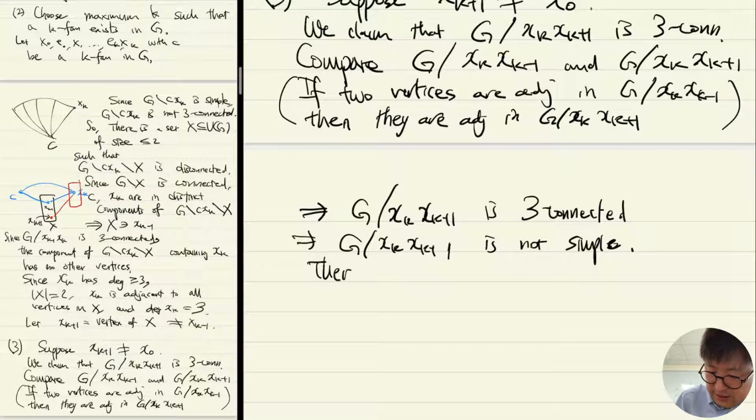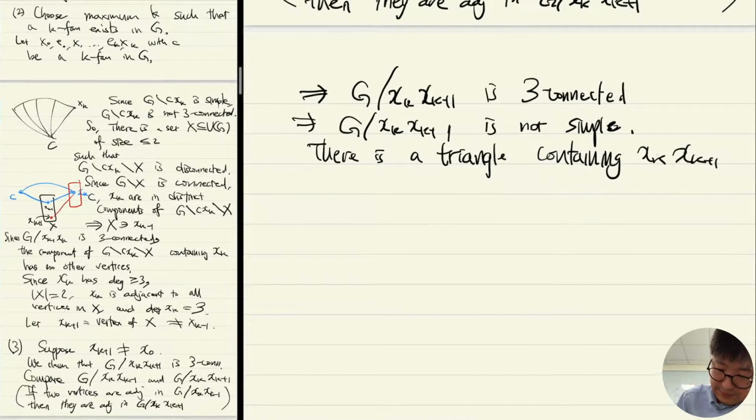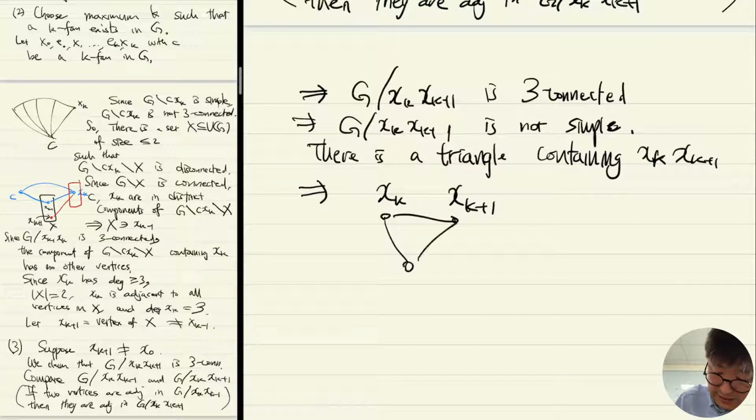So there is a triangle containing xk plus 1. So where is this triangle? Now xk has only 2 neighbors. So this triangle is either xk, xk plus 1 and xk minus 1.